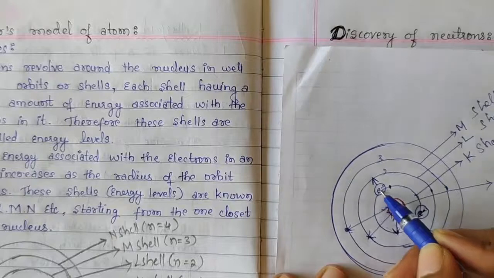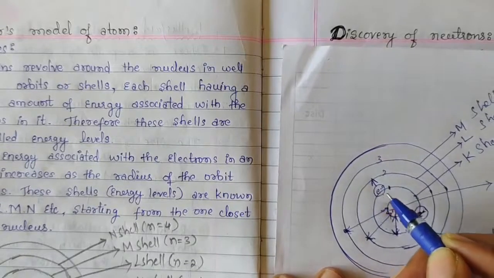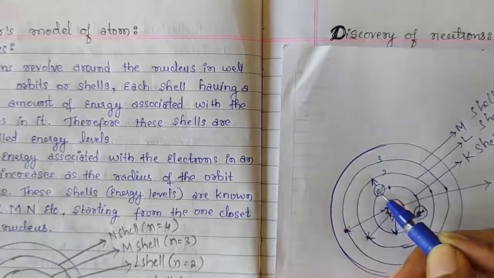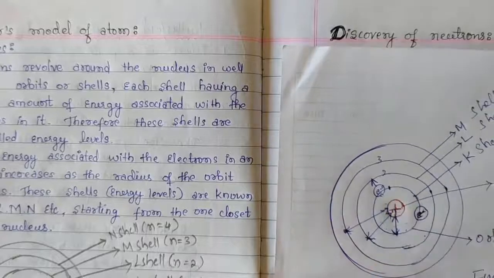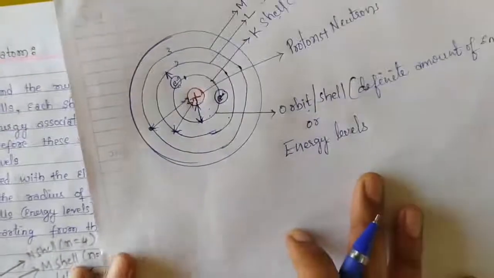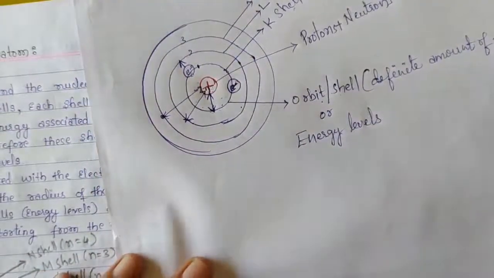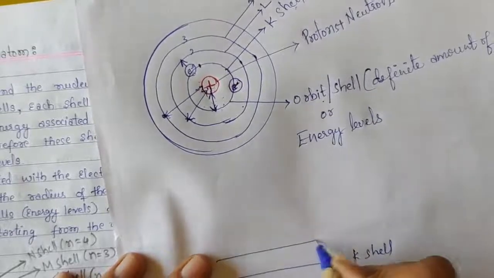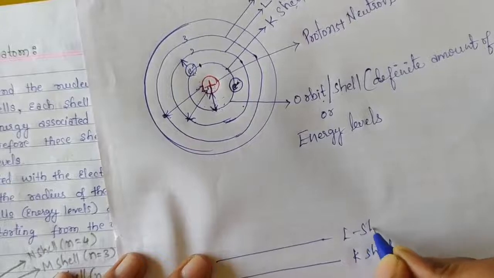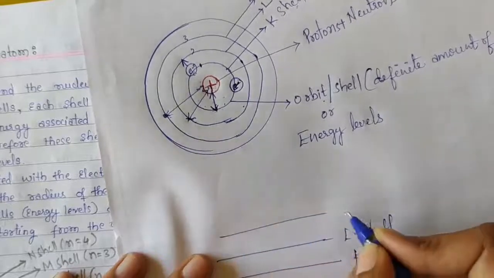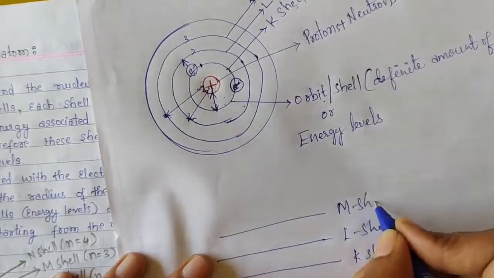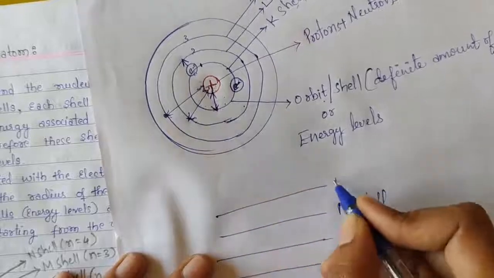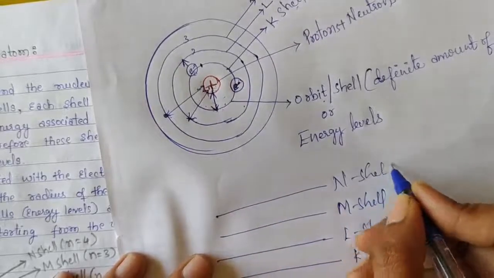Here, the electron is jumping from the orbit having lower energy to higher energy. Here, we can draw like this. This is K shell, this is L shell, this is M shell, this is N shell.